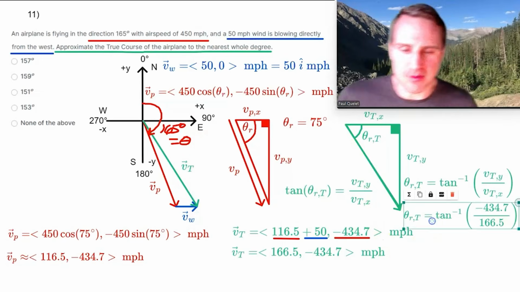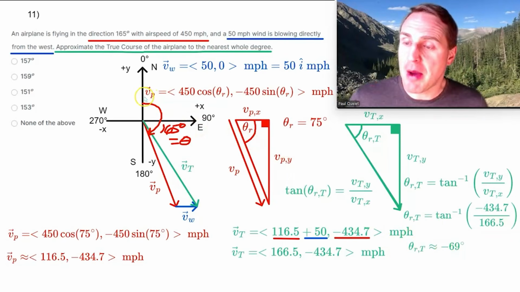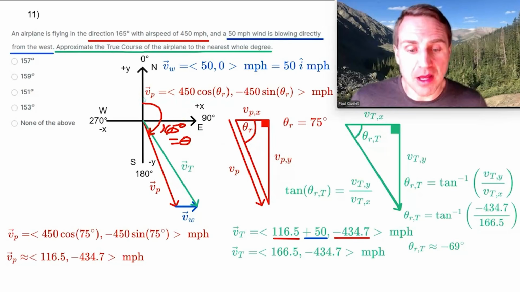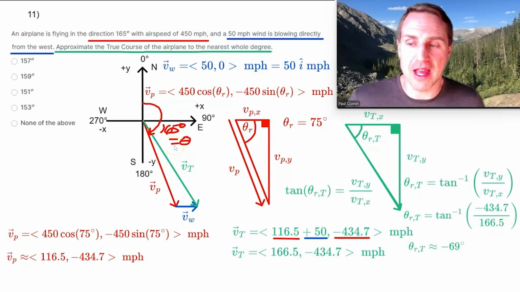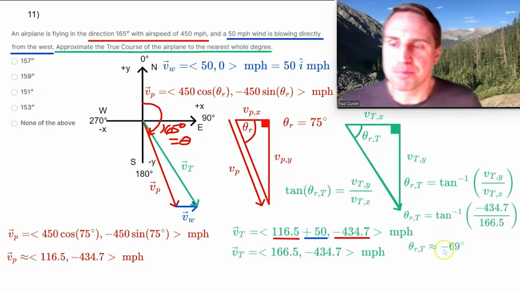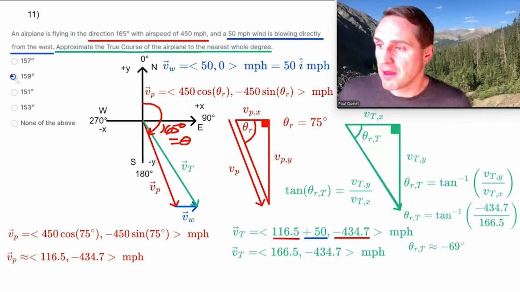So let's write that down. That reference angle is about negative 69 degrees. Now, as rotated from north, 90 degrees plus 69 degrees to get down into the southeast quadrant, quadrant 4, at least in the traditional trig angles, that's going to be about 159 degrees, 90 plus 69. So 159 degrees would be the angle heading.